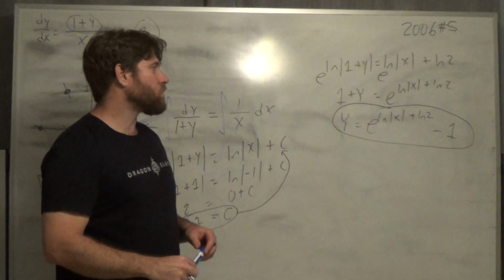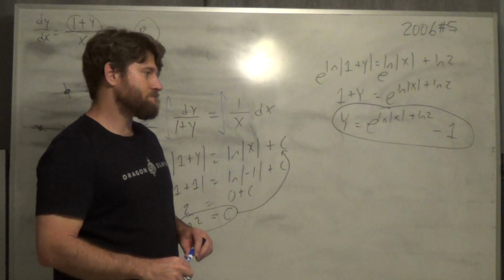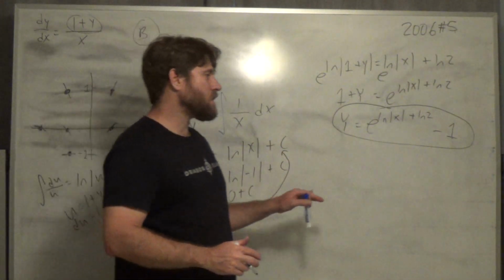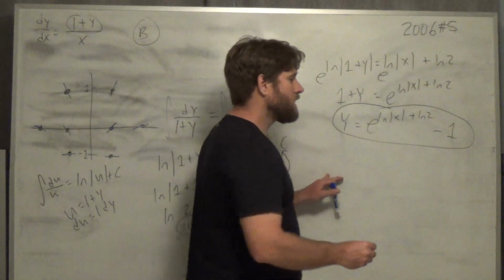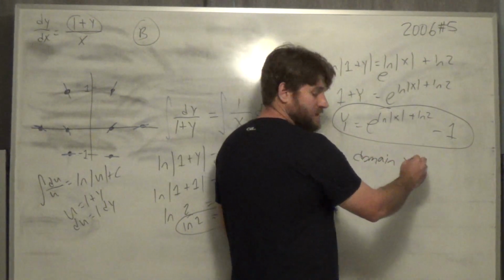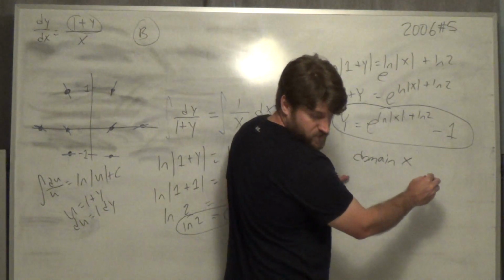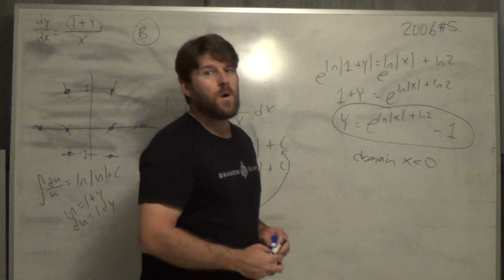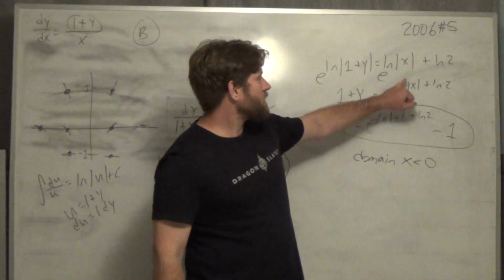Now, the question is, what is the domain? So we're going to talk about that really quickly, just so you know, and I'll show it to you 2 different ways later on. But the domain, the final point, is simply the x's have to be less than 0. What do I mean? Remember ln of x?